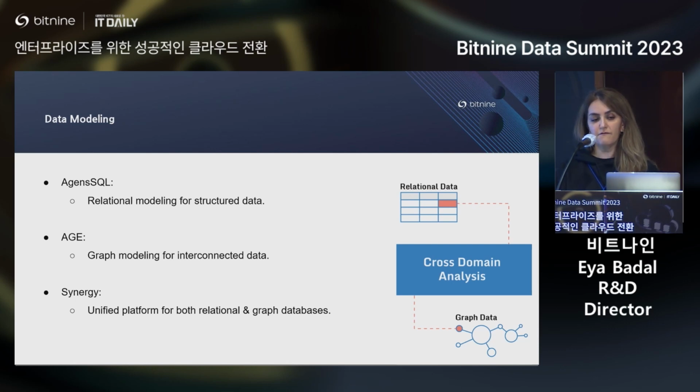This allows profound cross-domain analysis, linking structured and interconnected data seamlessly. So for example, if you have a use case requiring both models, relational and graph data formats, utilizing AgensSQL is highly beneficial. This is because AgensSQL integrates with AGE, and it simplifies the process of handling both data structures.